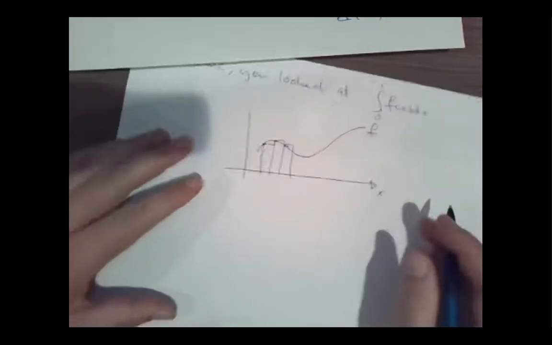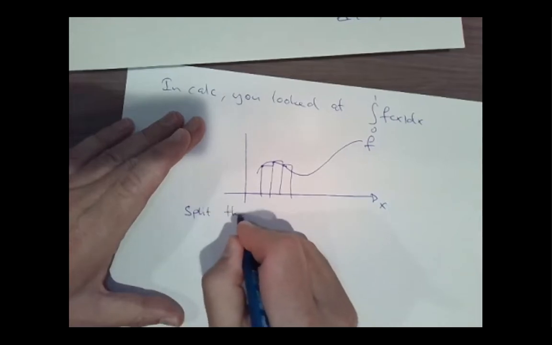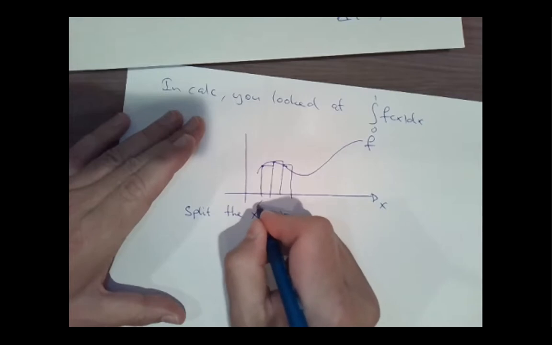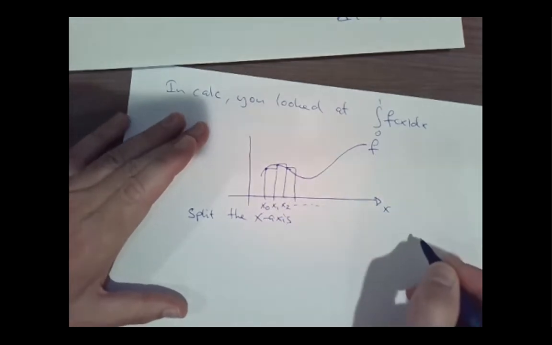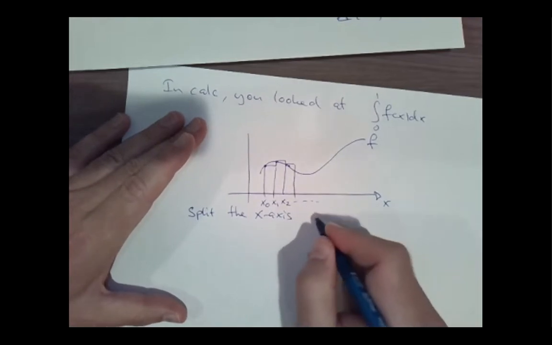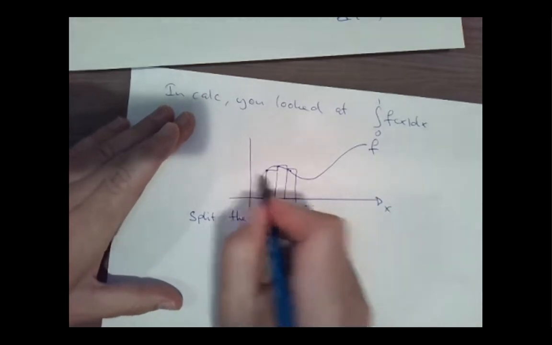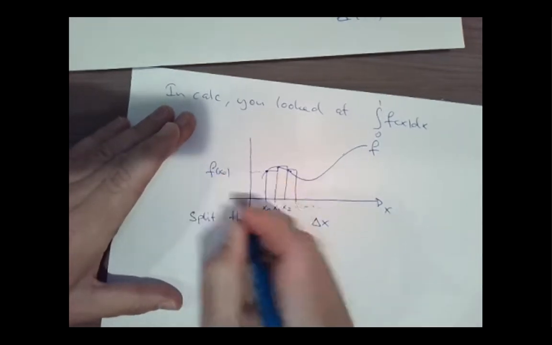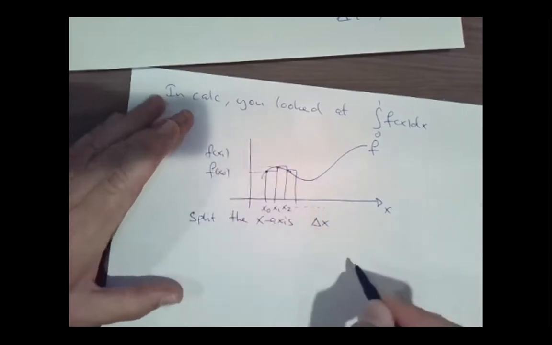So what you do is you would split the x-axis. So you have x0, you have x1, x2. And so you would have a delta x in there. And so you look at the height. You look at something like f of x0. There'll be another height up here, f of x1, and so on.